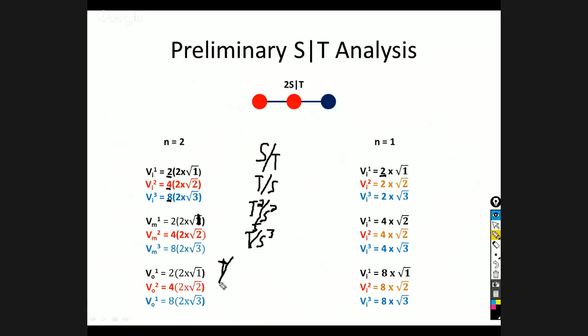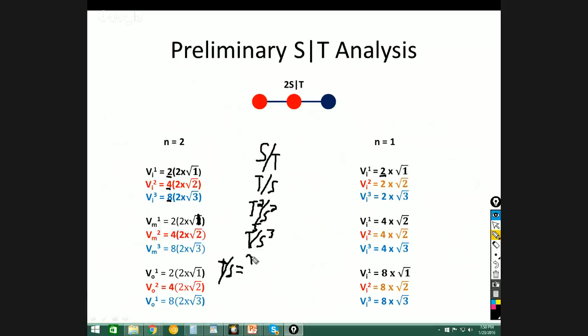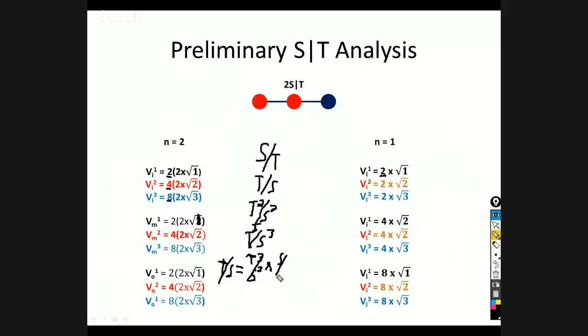So energy, T over S, is equal to T cubed over S cubed, the dimensions of mass, times velocity squared, S squared over T squared.